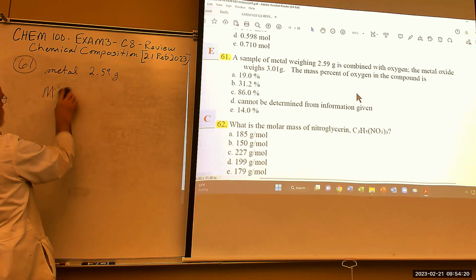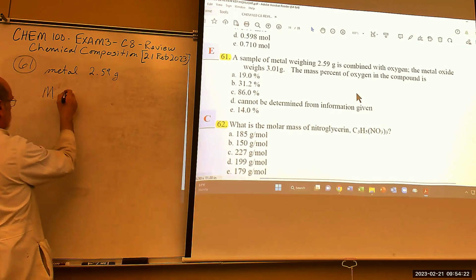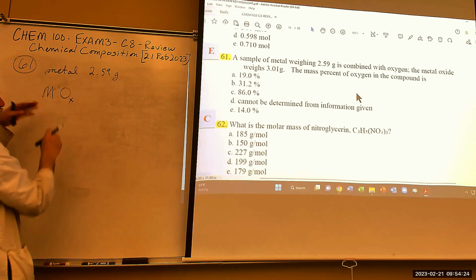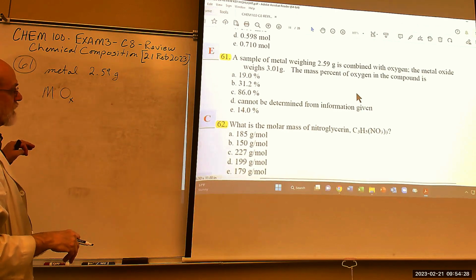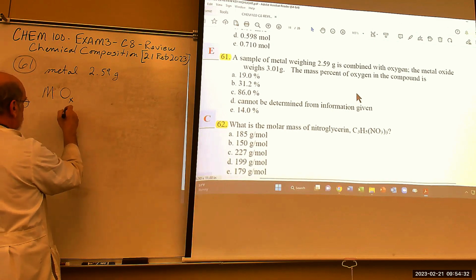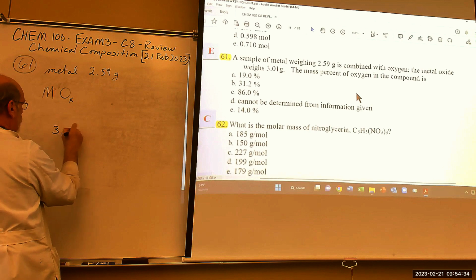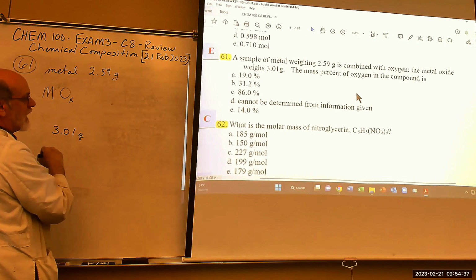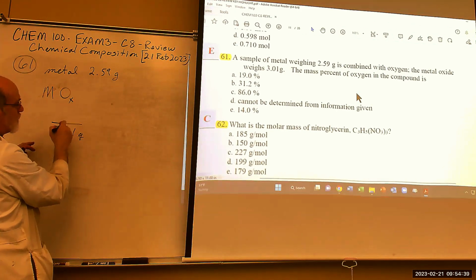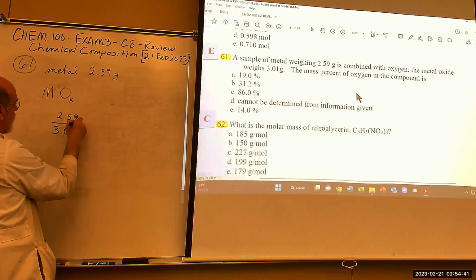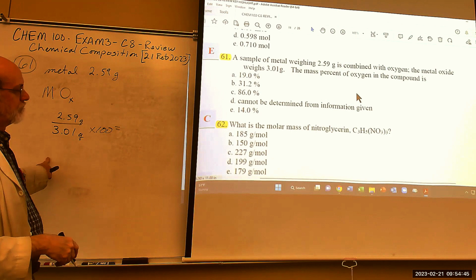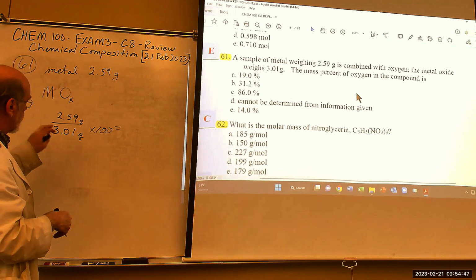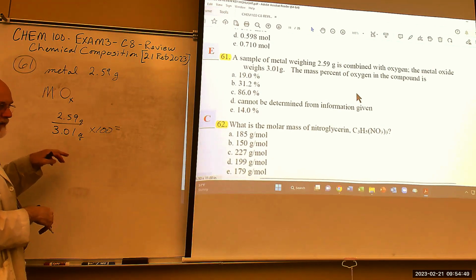Oh, I'm making this more difficult than it should be. It's combined with oxygen in some proportion. The metal oxide is 3.01, so the total mass is 3.01 grams. And the metal in that sample is 2.59 grams. So the mass percent of the metal is what?